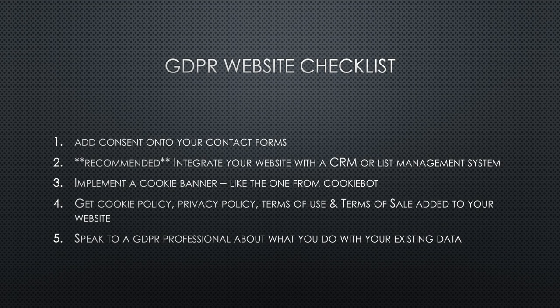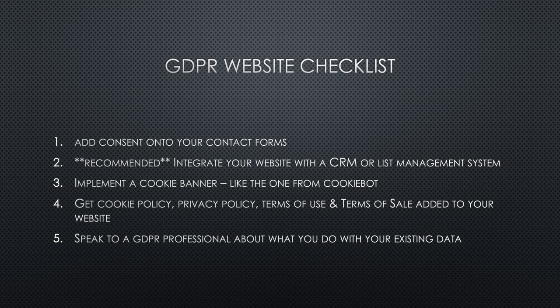And you can also quite easily allow customers, or data subjects, to access that data and opt out from being kept on file. Implement a cookie banner, so I'll show you an example of one in just a moment. And make sure you get all the relevant legal documentation on your website as quickly as possible, and then speak to a GDPR professional about what you need to do after the data has been collected via your website.